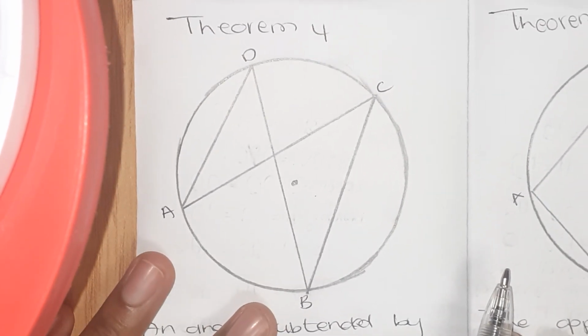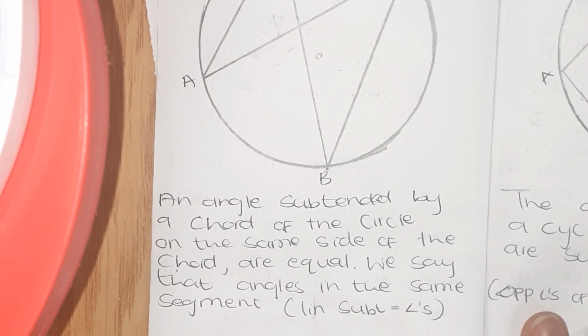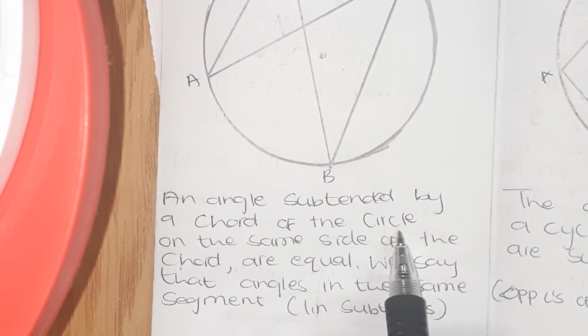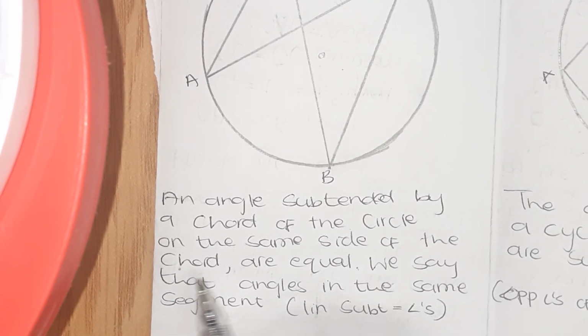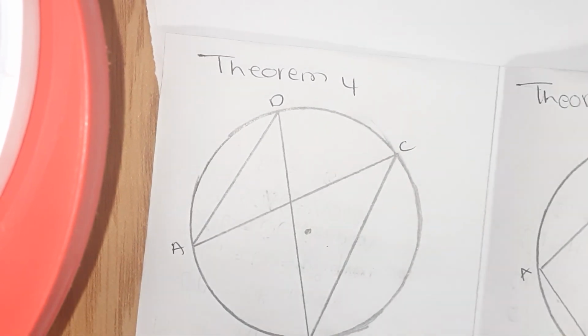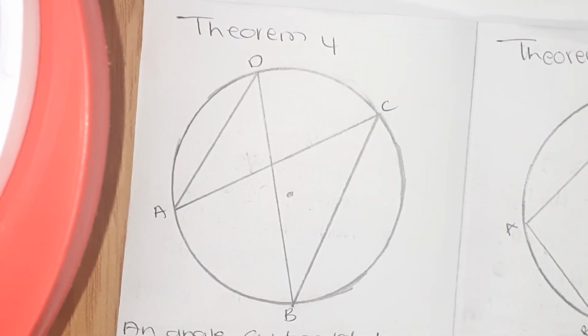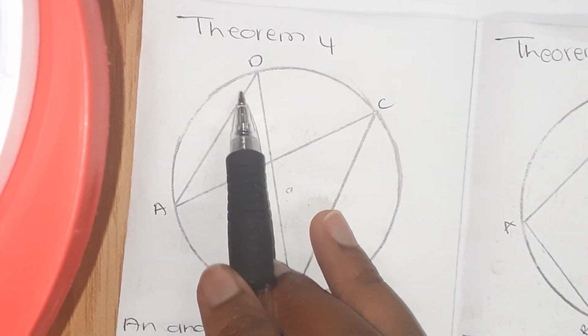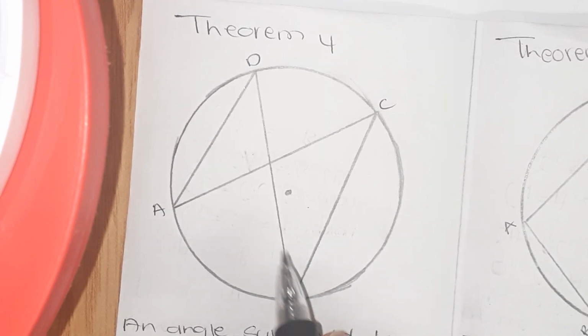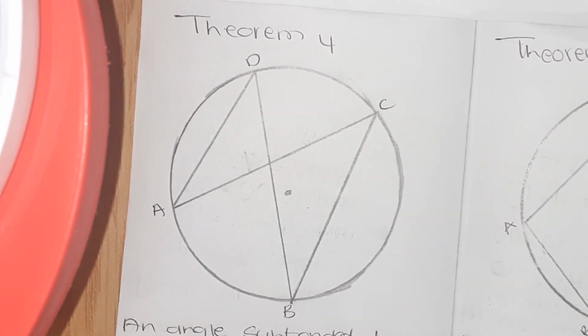With this bow tie, we are told that angles subtended by a chord of the circle on the same side of the chord are equal. We say that angles in the same segment. So here we are talking about angles in the same segment, meaning this and this are equal, this and this are equal. They are called angles in the same segment.